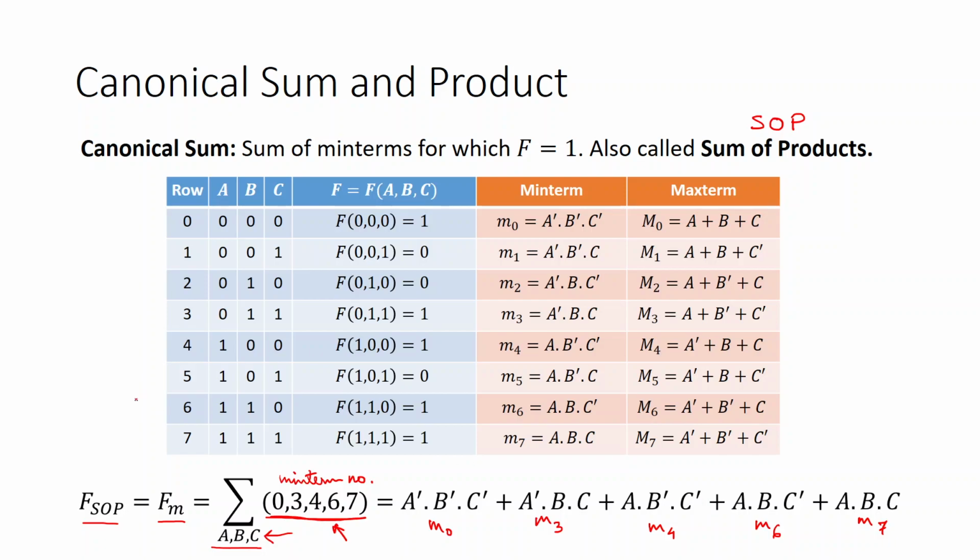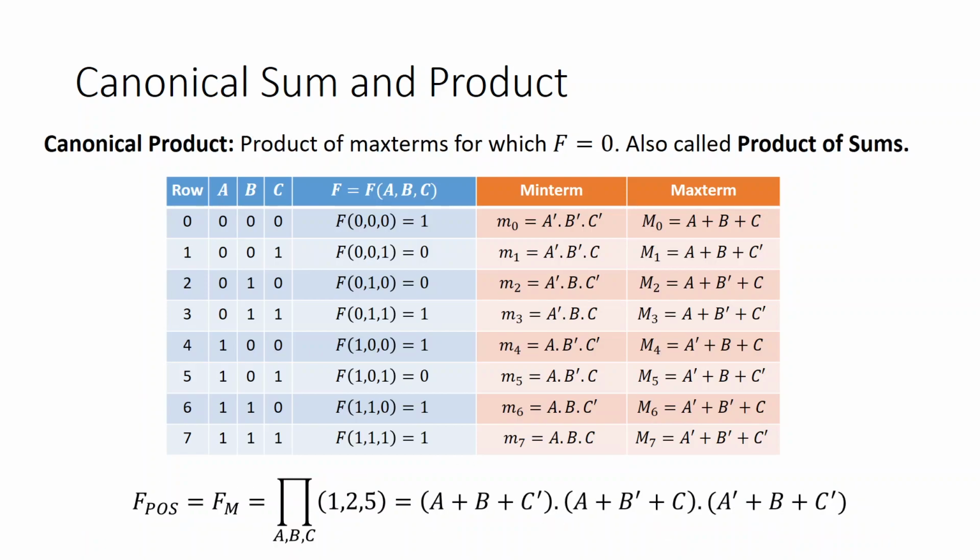From the truth table you get an expression. Similarly, you can get an expression with the max terms. This is called the canonical product, or the product of sums. Here you have to collect those max terms for which the output is 0 and then AND them together, do the logical AND operation, or the product.